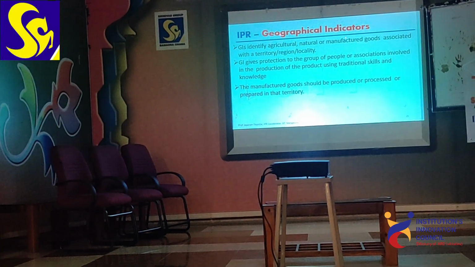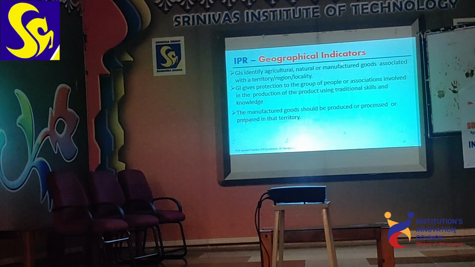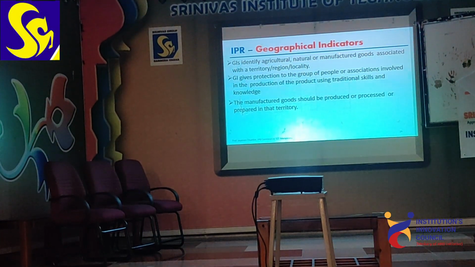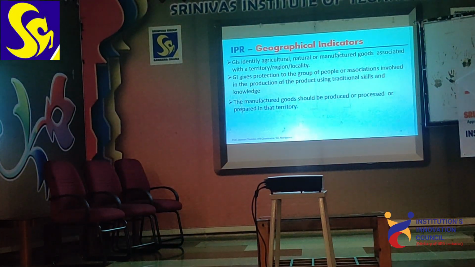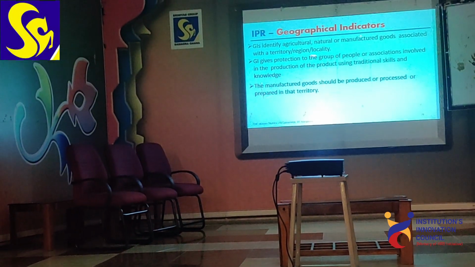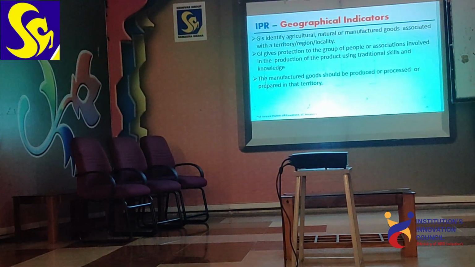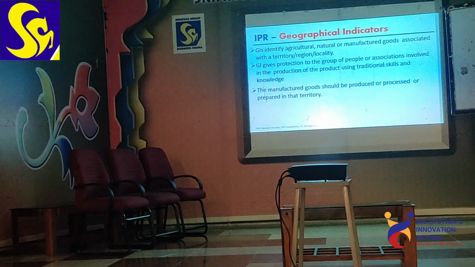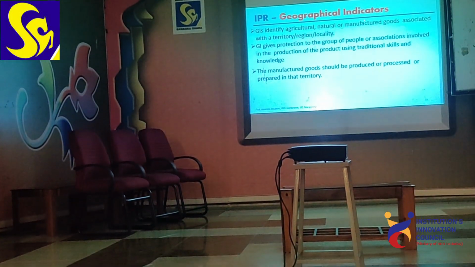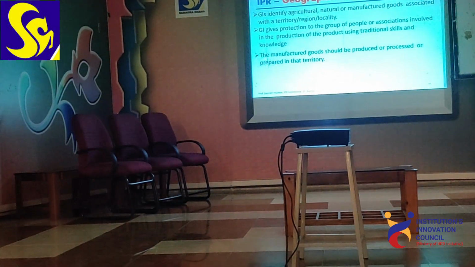Protection here is given to a group of people or an association, not to an individual, meaning the people in that region involved in producing the product using traditional skills and knowledge. It could be something like Channapatna toys or Udupi Mattu Gulla. Some of you may be aware of this.